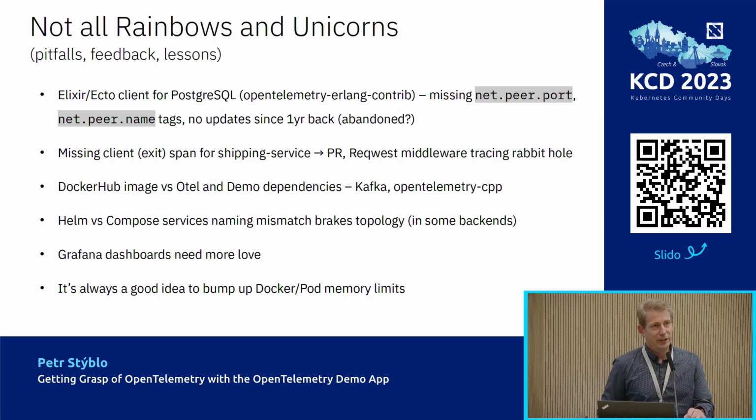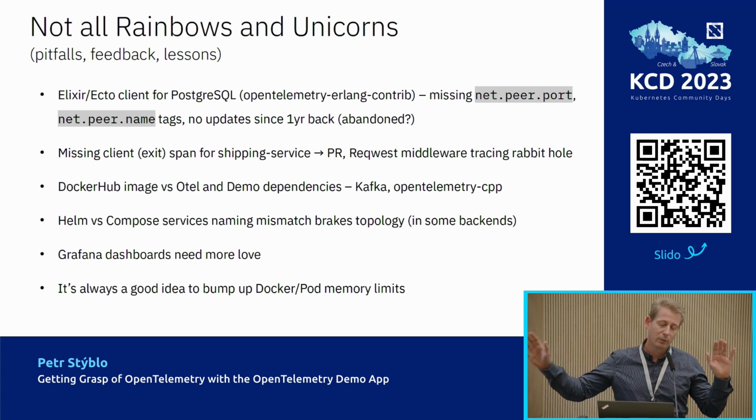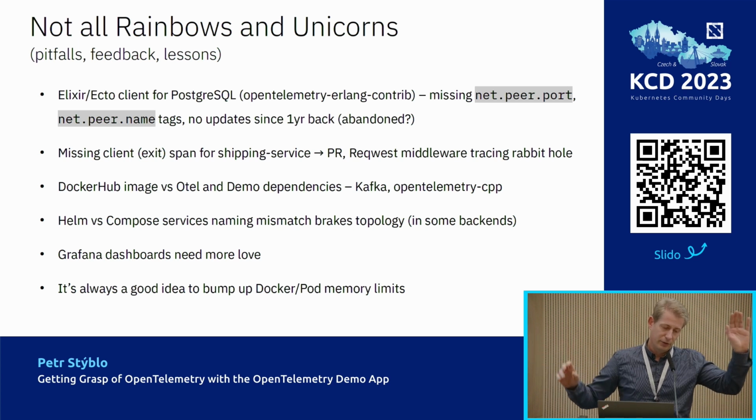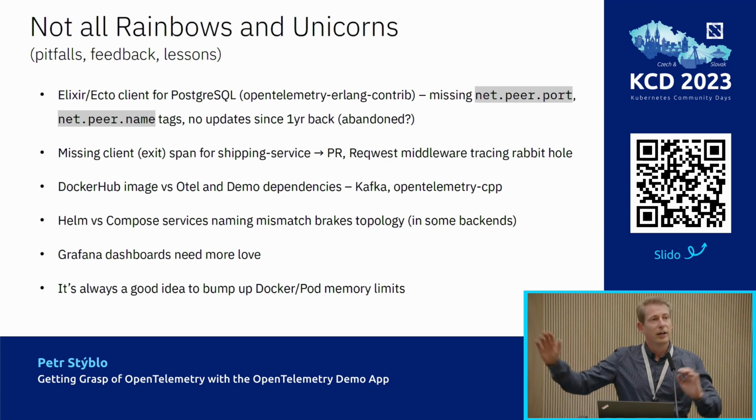What I found, particularly for those of you who are Elixir or Erlang coders, you probably know the Ecto library for interaction with SQL databases. I'm not a coder in Erlang or Elixir at all, but I had to plunge in. I had to deep dive to figure out what was wrong, because what my backend does is combine entry and exit spans, the beginning of the service call and its counterpart, into a call.